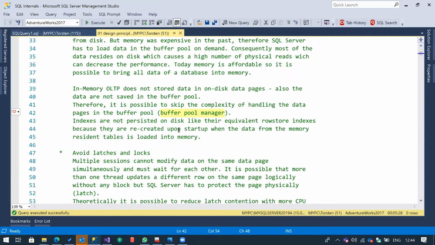And we have another process which is called the lazy writer. The lazy writer is also an asynchronous process in the background, which looks into the buffer pool to decide whether, I don't know, maybe 10, maybe 50% of space is available, because it is very unlikely that someone asks for data pages which are not in the data buffer pool.